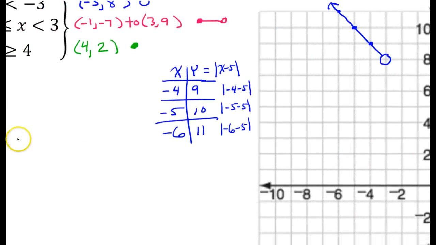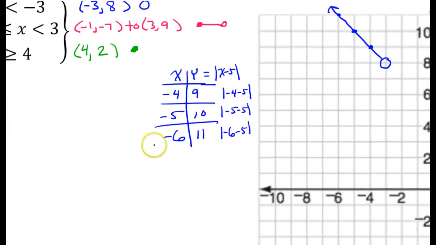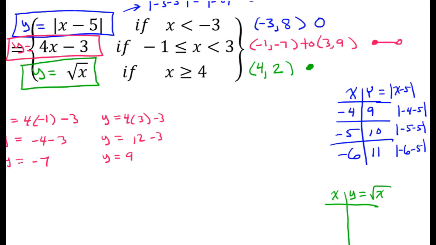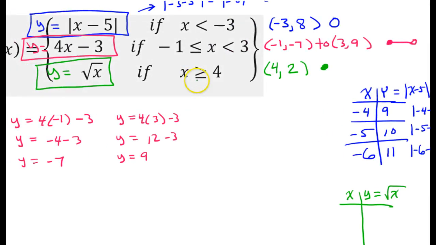Now let's do a table of values. Okay, so here comes my table of values. And remember that y is equal to the square root of x. That's the function for this piece. Also remember that we want the x values to be greater than or equal to 4. We've already done equal to 4.